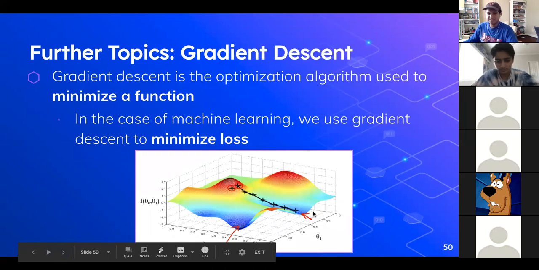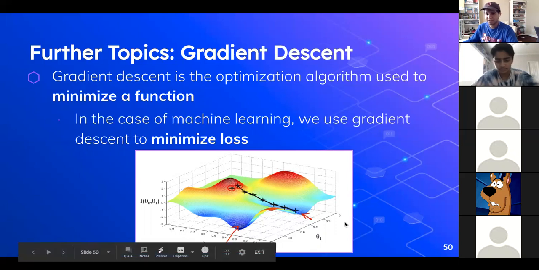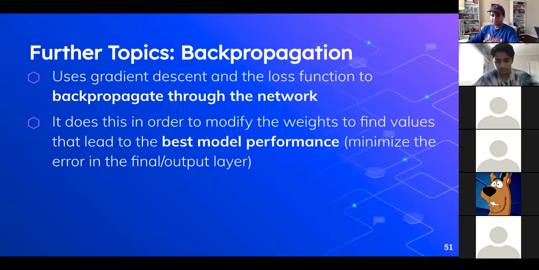Look at this very strange thing over here, it looks like a 3D topographical map. Gradient descent basically allows us to go from one of these high red points to these low blue points, which means it's minimizing the loss in multiple dimensions, which is very strange. But if you ever are reading about neural networks outside of this class, gradient descent is the name of the algorithm that minimizes our loss function.